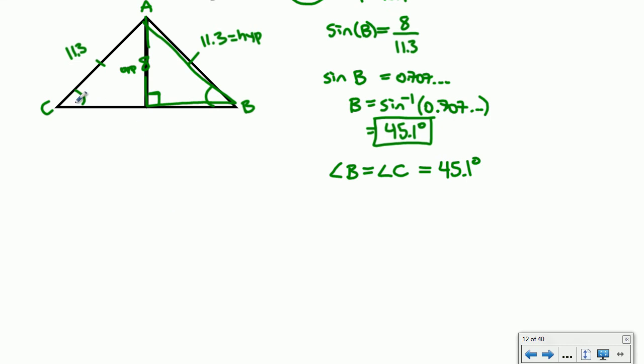Okay, and then given that this is a triangle, all of these angles need to add to 180. So we can go 180, subtract 45.1, subtract another 45.1, and that's going to give us, let's see, 180 minus 2 times what I had earlier, 89.86, so 89.9 degrees.